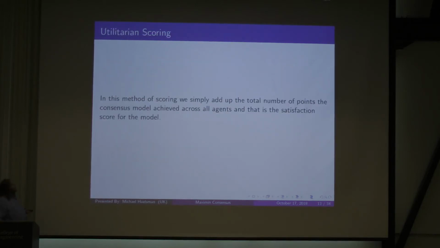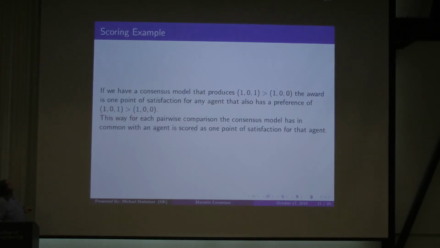So we count the number of strict examples that are satisfied in both. Is it the number of cars that it's better than? No, it's the number of times that, let's say you say car A is better than car B, and my joint model says car A is better than car B. Then that would count as a point of satisfaction for you.